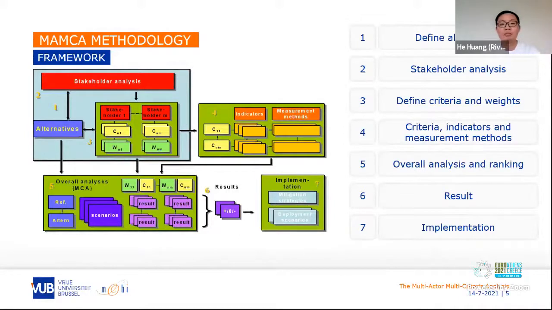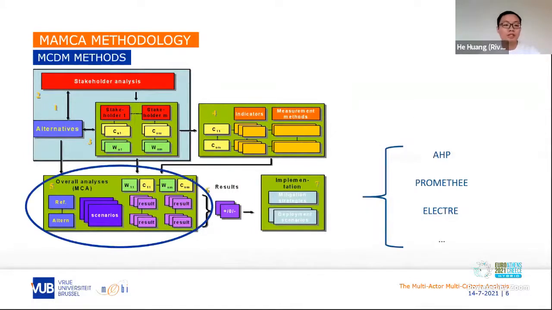Unlike classic multi-criteria analysis, MAMCA involves stakeholders after defining the alternatives. The stakeholder analysis is conducted, stakeholders are identified, and the criteria tree for each of them can be constructed. In step 5, overall analysis, each stakeholder group will apply MCA to generate the alternative ranking.